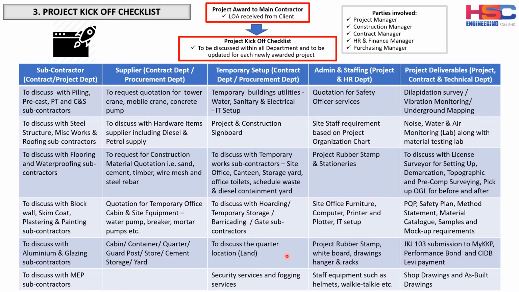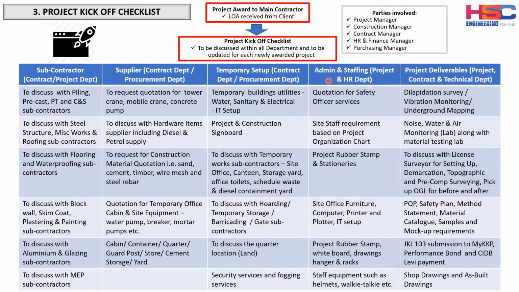And then to discuss the quarters location, if we need to rent some nearby land for the workers quarters, because some projects don't allow the workers quarters to be placed inside the project, so we need to be outside. So this item can also be discussed. And then the security service and the fogging service.